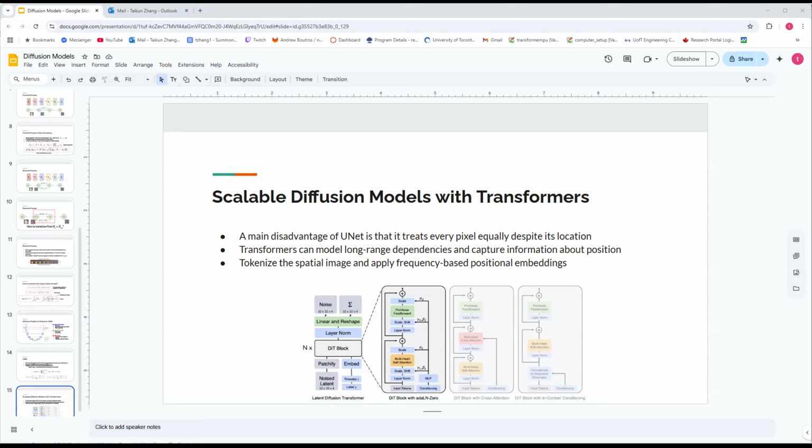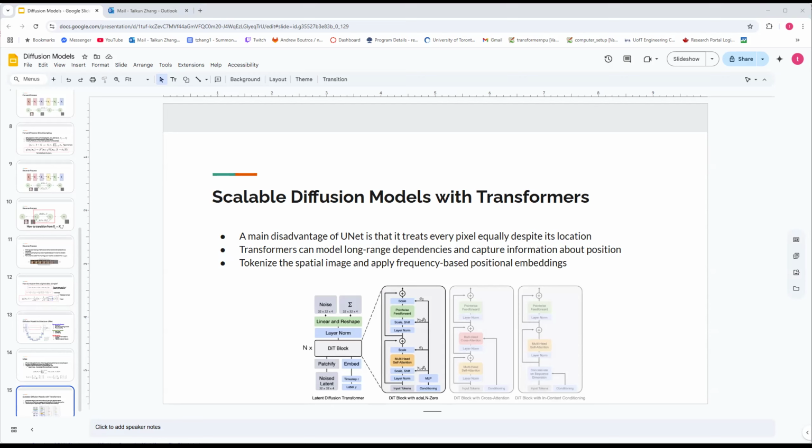Does the transformer provide more context for, like, the edges of the cat, for example? Yeah, so the advantage of a transformer is that it can model longer, long-term dependencies, and then of course it has the attention block where you can model the relative importance of one token or one word to another, or one pixel to another.